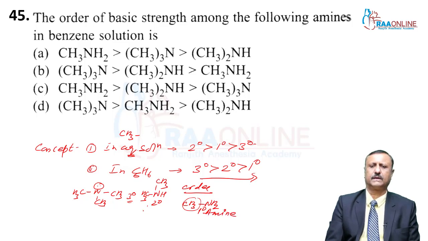It is a secondary amine. Here it is a tertiary amine. So, my dear students, in benzene solution, tertiary amine is more basic than secondary and then primary. You can see the answer is B. In option B, tertiary is more basic than secondary and secondary is more basic than primary.